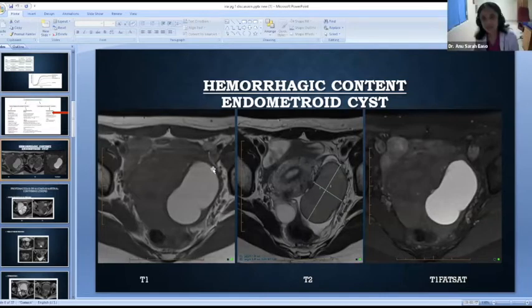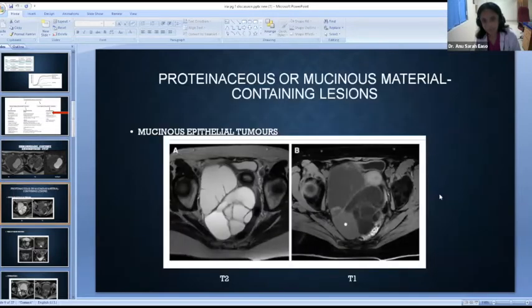So hemorrhagic cyst, this is a picture of a hemorrhagic cyst on fat suppressed images. The signal won't be suppressed, and that's how you differentiate. This is an endometriotic cyst. Now, even sometimes the mucinous tumors with high protein content can appear hyperintense on T1.